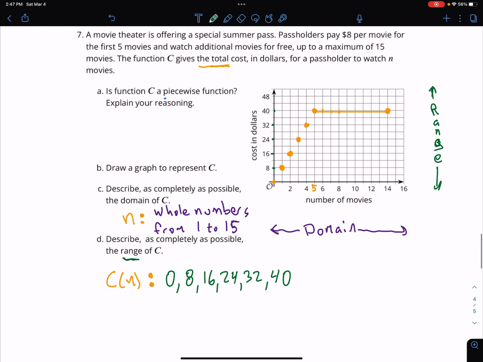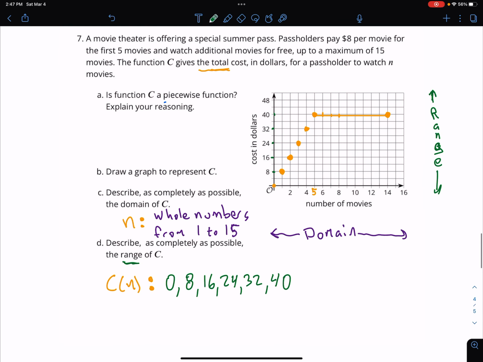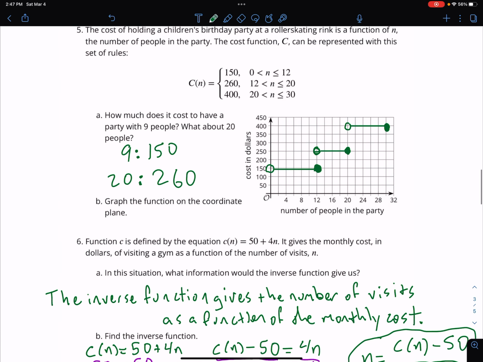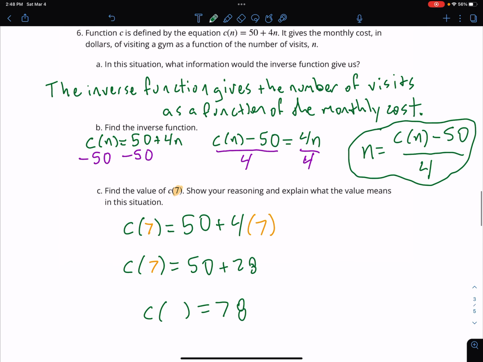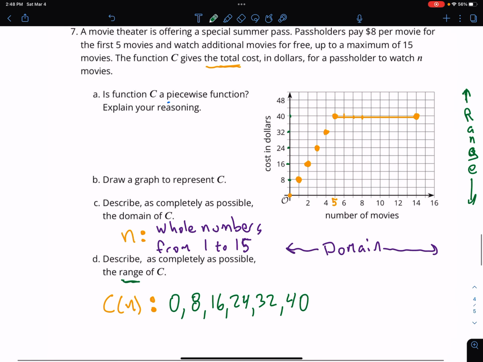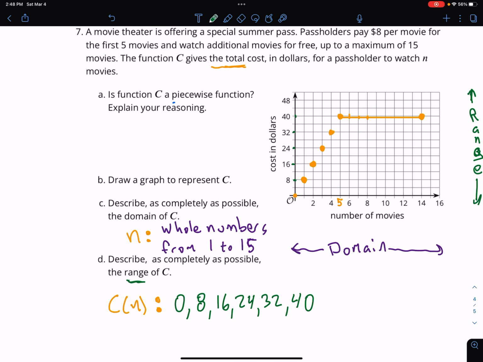Now, the whole thing about the piecewise function, it doesn't look like the normal piecewise function we graphed previously up here with the little steps on the staircase. But technically it is 2 functions. Listen, you do not have to write this on the test. If you wrote this on the test, I would give you extra credit points.